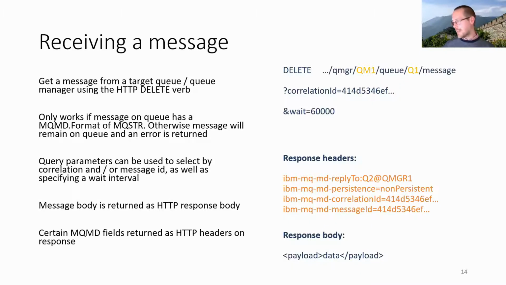So I see I've had a question from Grant, which is, is there a z/OS version of the MQ web server? Yes, there is, Grant. Basically, the MQ web server is available on all supported MQ platforms from 9.1.0 and 9.2 LTS. So you can do it on z/OS, you can do it on IBM i, you can do it on distributed.